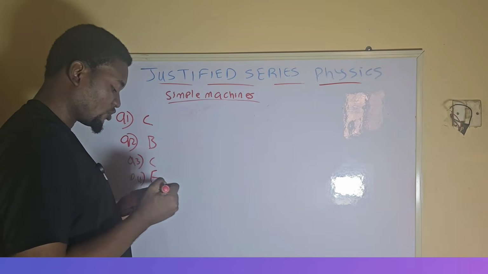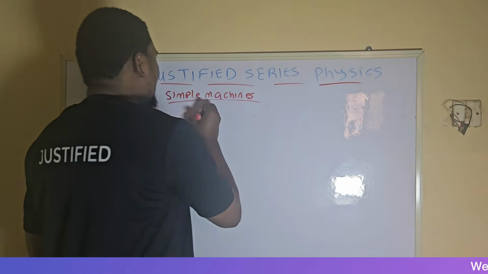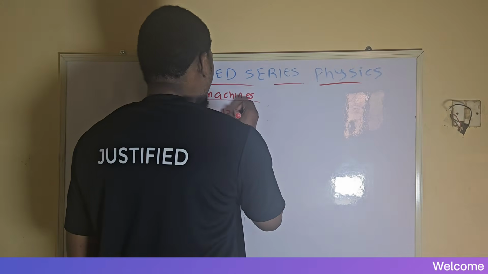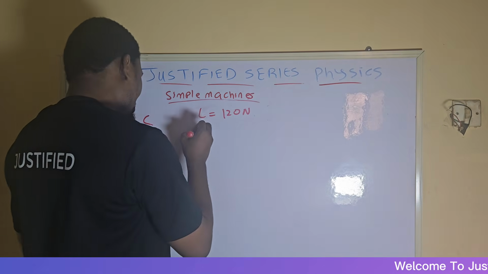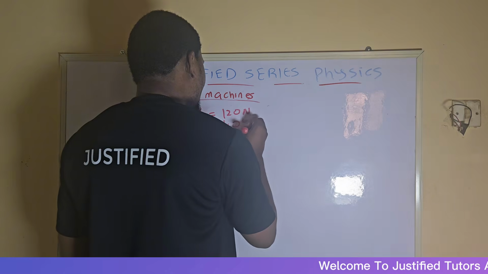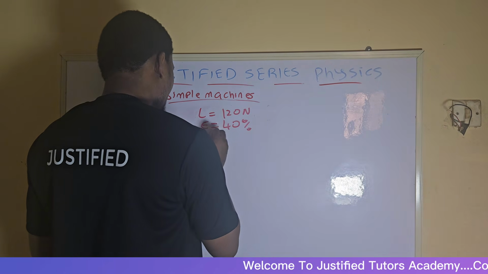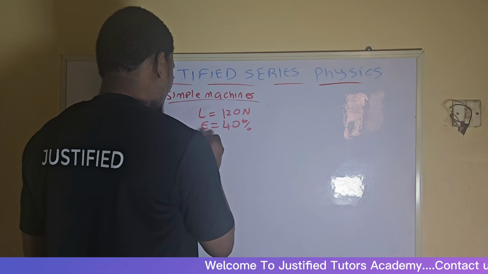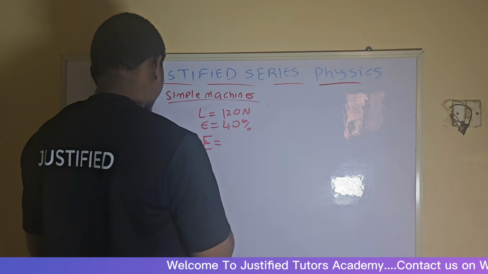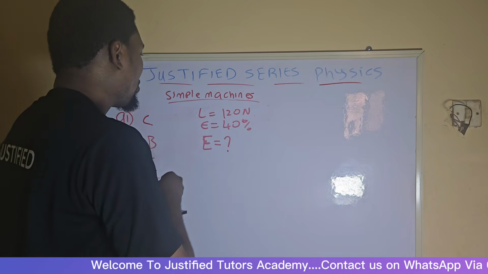We have a load of 120 Newton, and we have our efficiency to be 40%. They said we should find our effort. Let me write this. So we are looking for the effort.